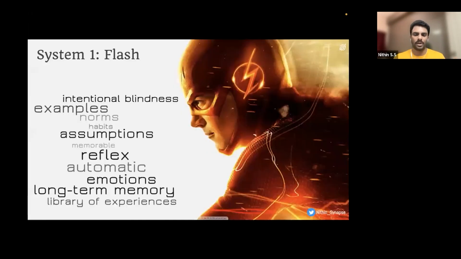Again, from the book Thinking, Fast and Slow, the brain has 2 systems in place. The first one is called System 1, which I would like to call Flash, because when we name something Flash, we immediately know that it is super fast. System 1 is intuitive, reflexive, and fast.